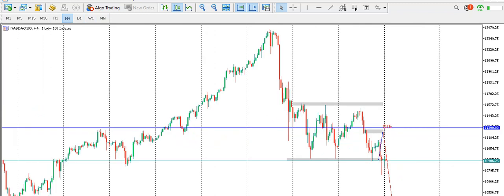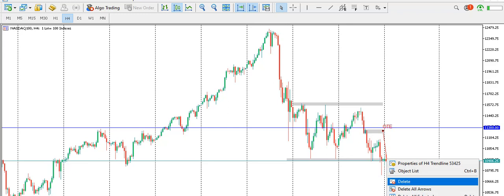Allow me to go back to H4 so that you can see scenario number 2. Allow me to draw new ones.